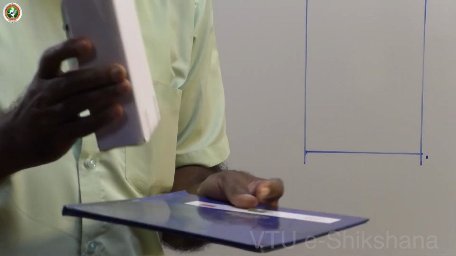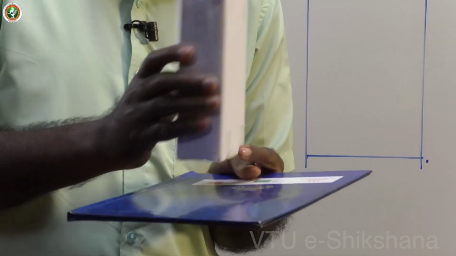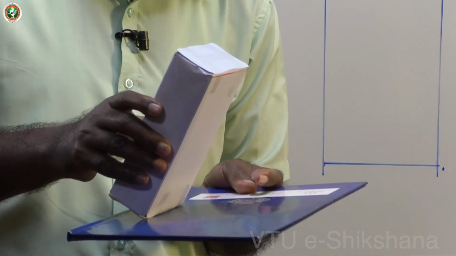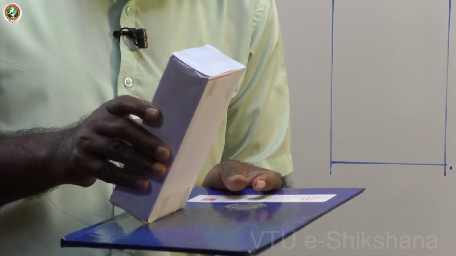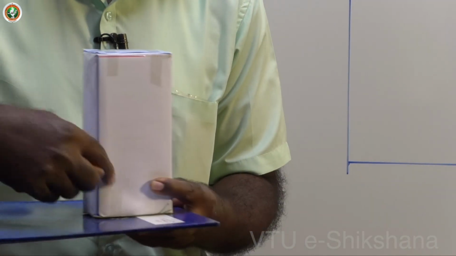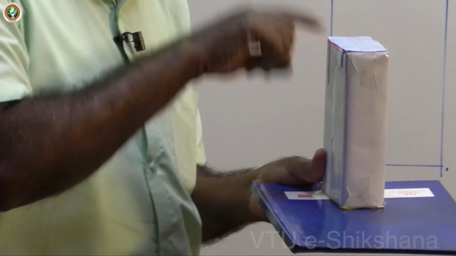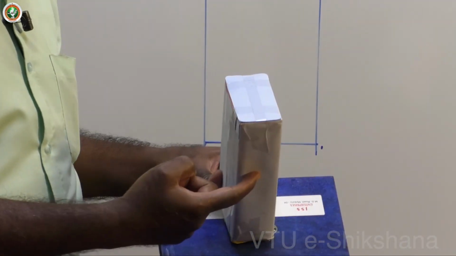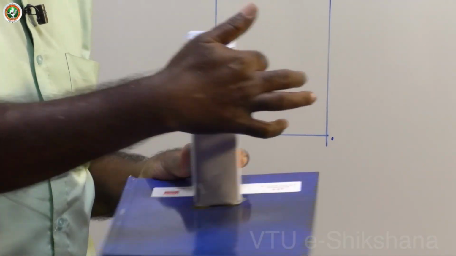If I keep this solid with the longer base sides, then only you will get the longer rectangular face. We have smaller rectangular faces and larger rectangular faces. Two smaller rectangular faces, 1 and 2. Larger 1 and this is 2.